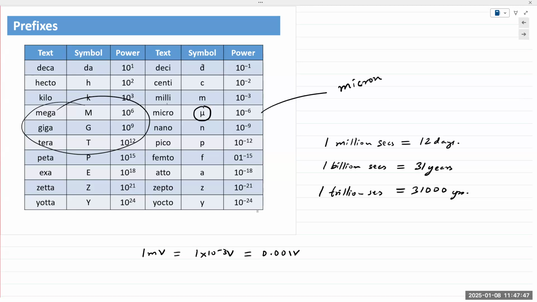Your answer is correct. But no matter what your value is, your unit prefix should match up. 0.001 is correct, and 1 times 10 raised to minus 3 is also correct. If you want to use a unit prefix, then milli should be in there. Otherwise, your value is incorrect.